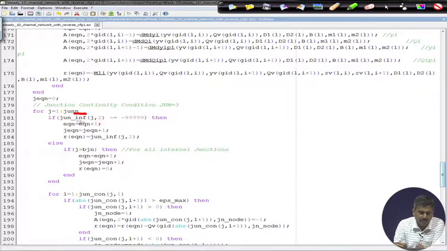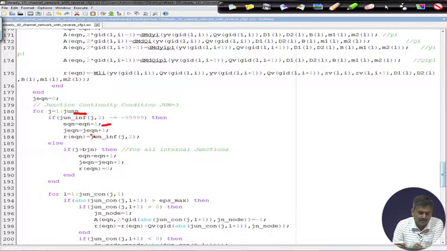In this junction information, J2, which is the second column, if this is not equal to minus 9999, five nines, that means we have a specified value present there, then we can add that for the equation number equals to EQN plus 1.